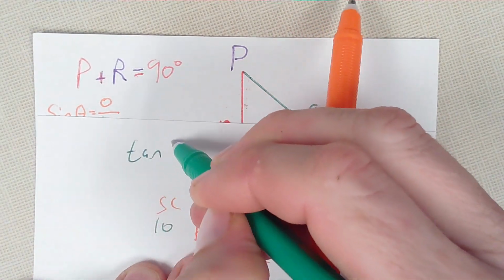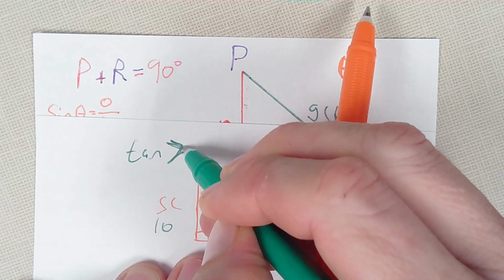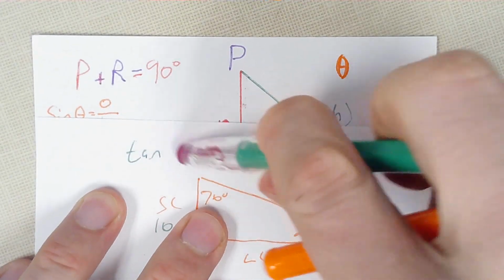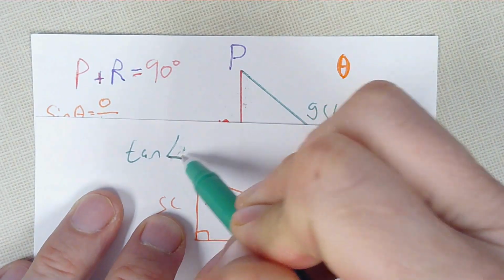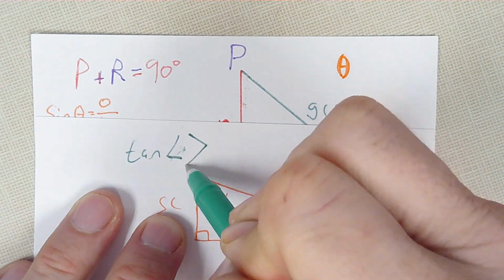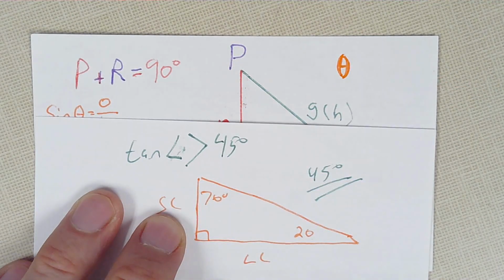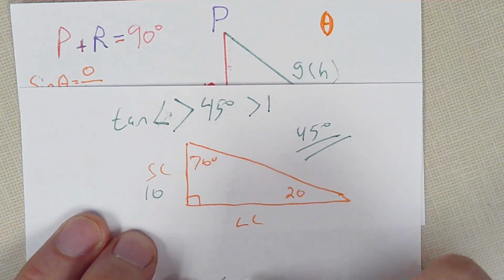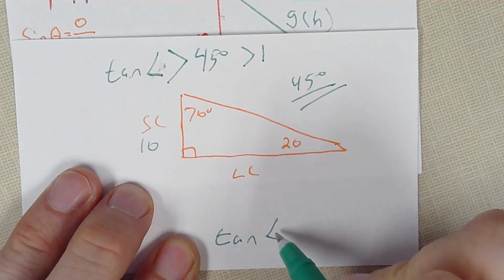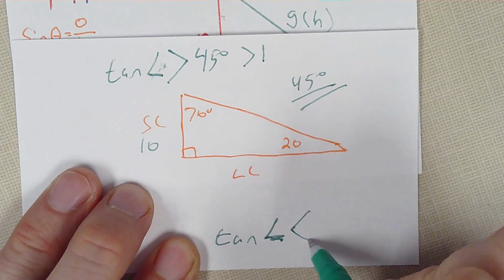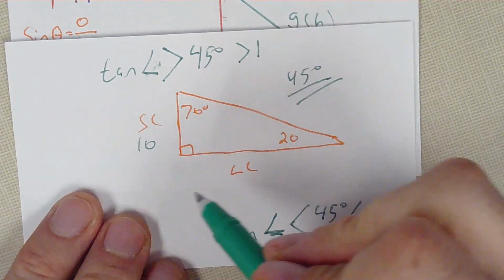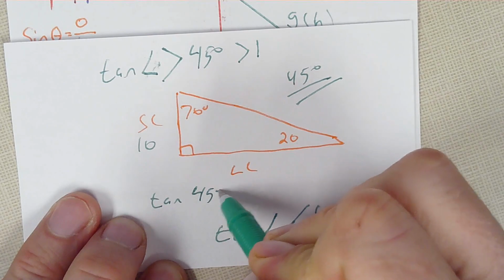And the tangent of an angle of 45 degrees equals 1.